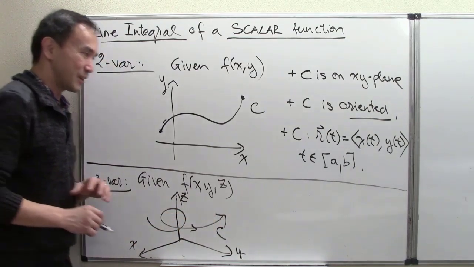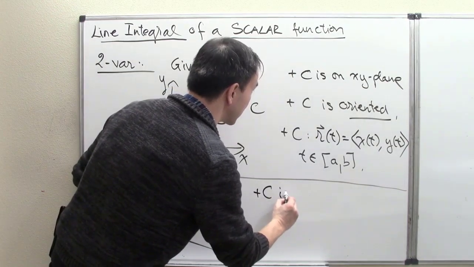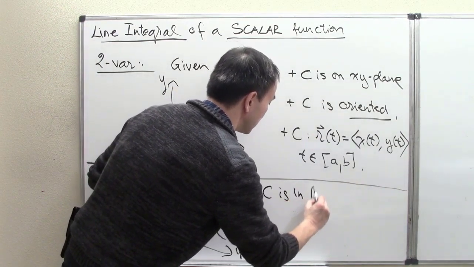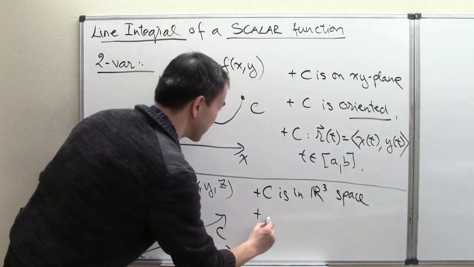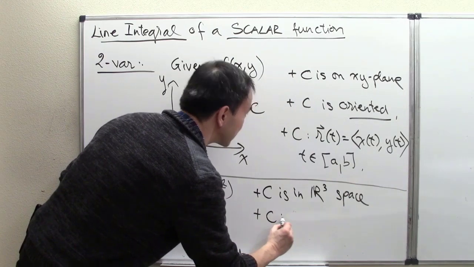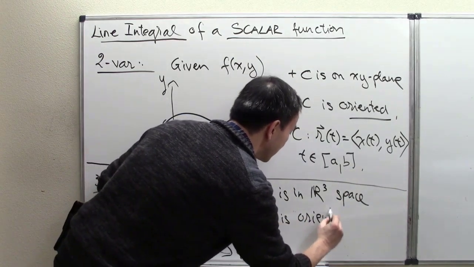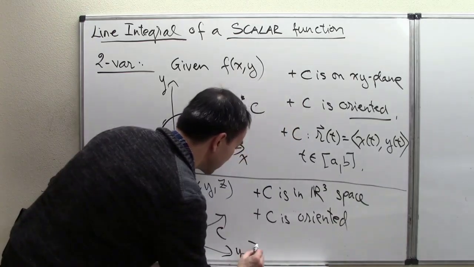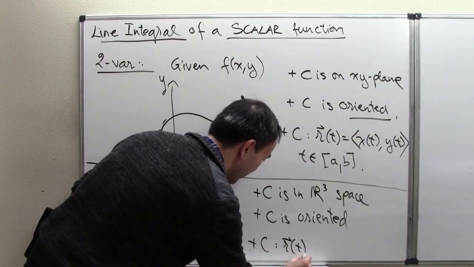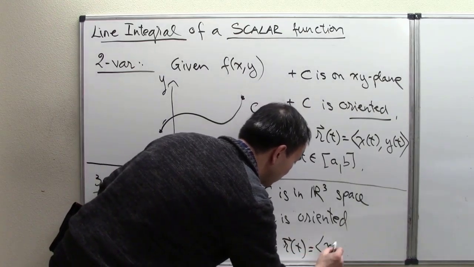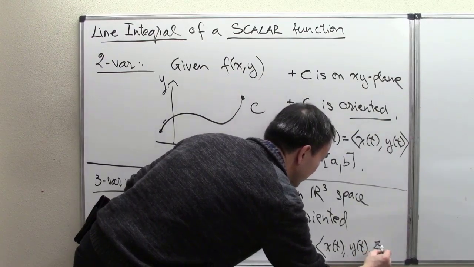Okay, and so just like that, similarly, C is in R3 space, and C here is oriented. And then C can be described as a vector valued function x of t, y of t, and z of t.